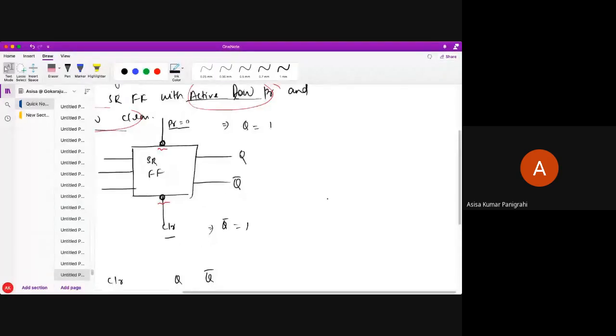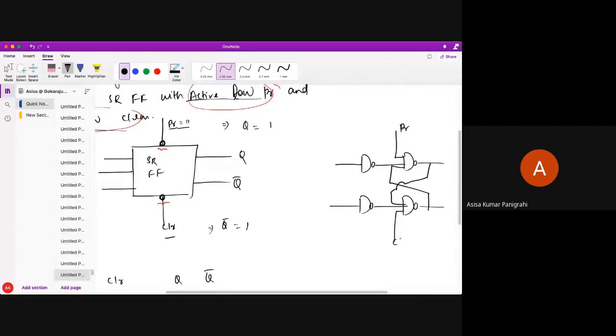It's very simple. I am going to draw this diagram for you. This is my SR flip-flop with active low preset and active low clear. You can see this is my preset, this is my clear, and this is the clock pulse. This is my Q bar.